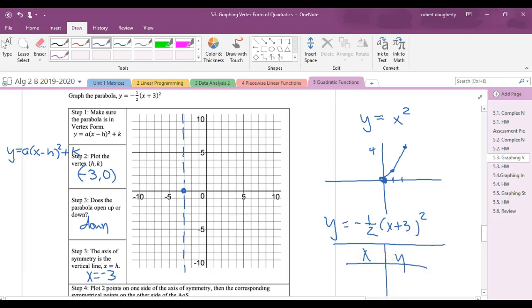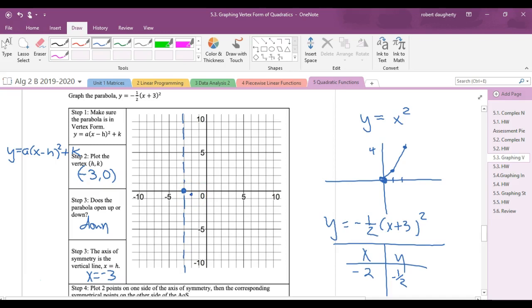If I'm sitting at negative 3, let's see what a negative 2 does for me. What happens when I plug a negative 2 in here? What's 3 minus 2? 1. 1 squared is 1. 1 times negative 1/2 is negative 1/2. So negative 2, negative 1/2. So right here is this point.